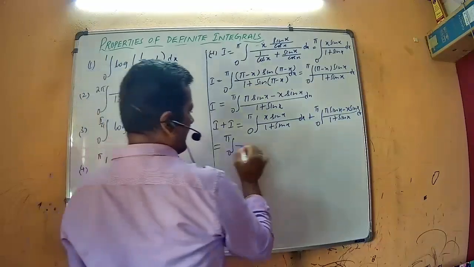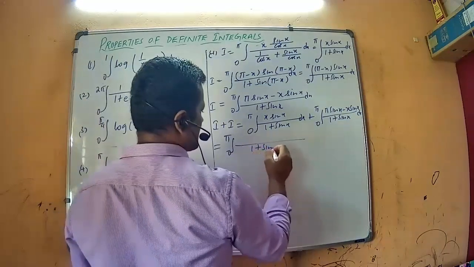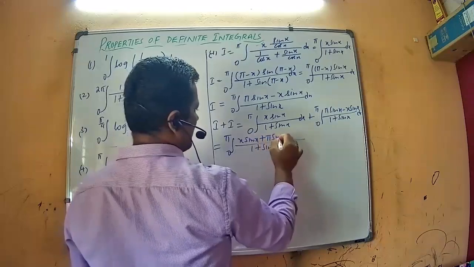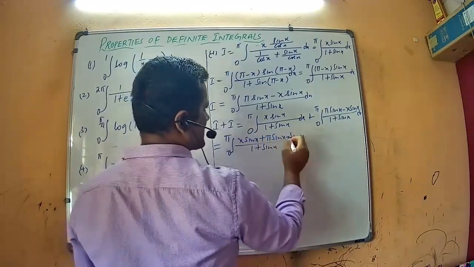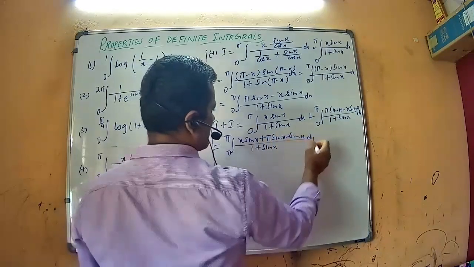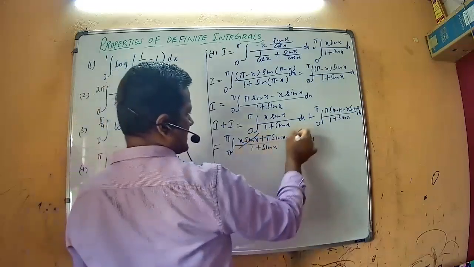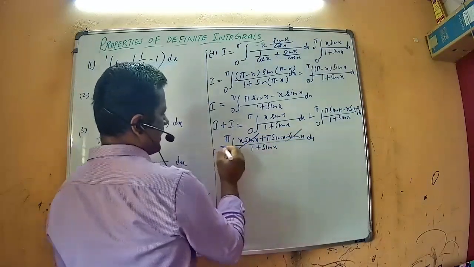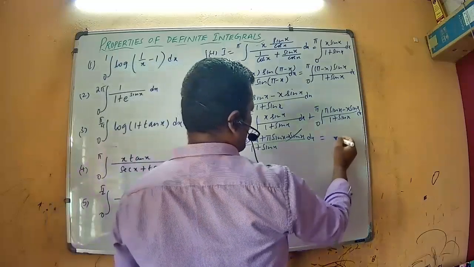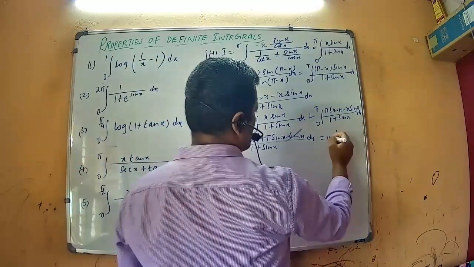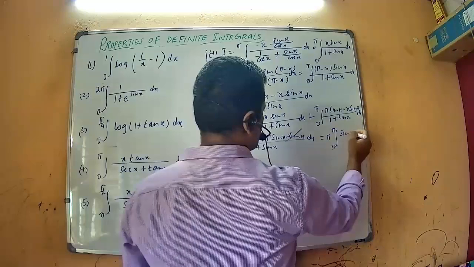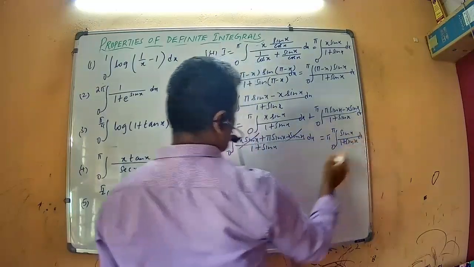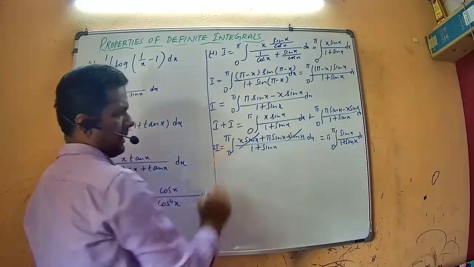Integral of 0 to pi, 1 plus sine x will be the LCM, and x sine x plus pi sine x minus x sine x dx. So here x sine x will get cancelled. You are going to get pi outside, integral of 0 to pi sine x by 1 plus sine x dx. This is what I got, where LHS is 2I.